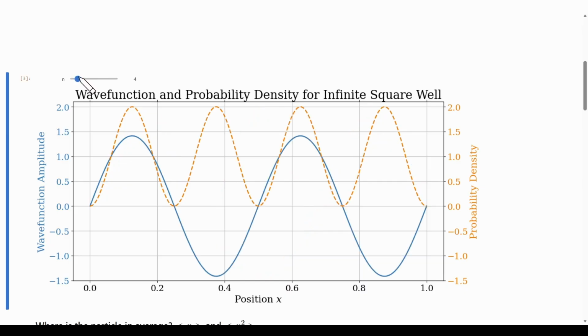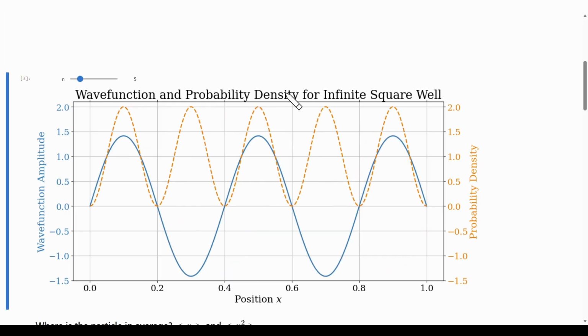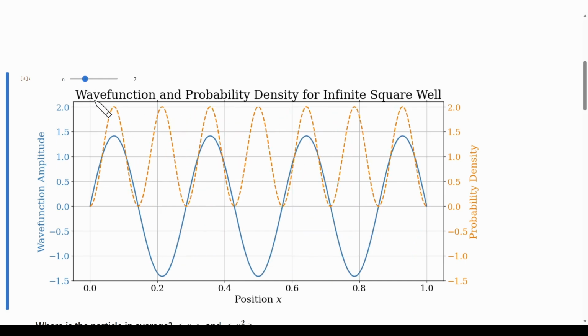And it alternates between odd and even wave functions with respect to the middle. And the more we increase the quantum number n, the more places there will be where the particle can have 0 probability of existing.